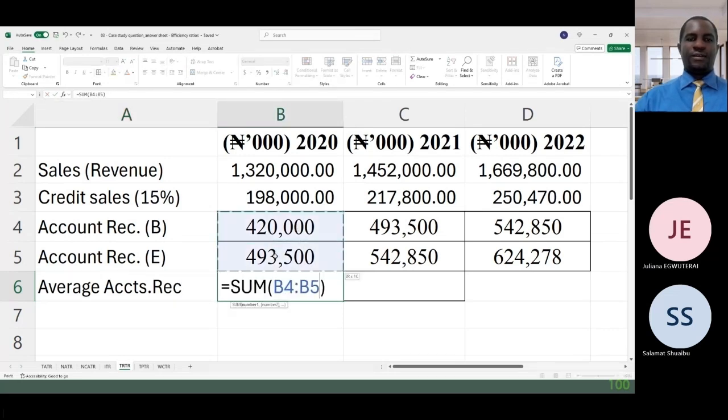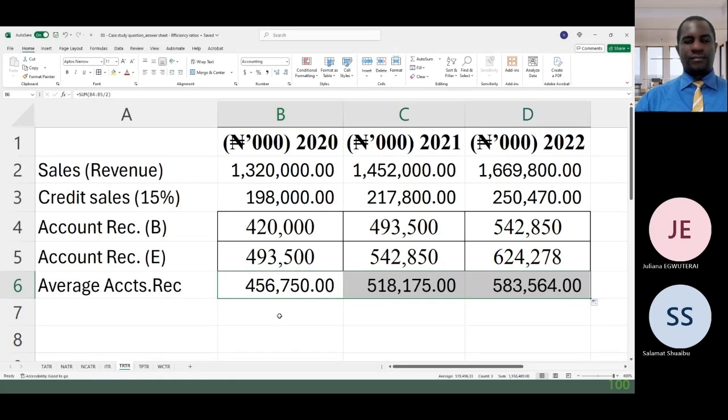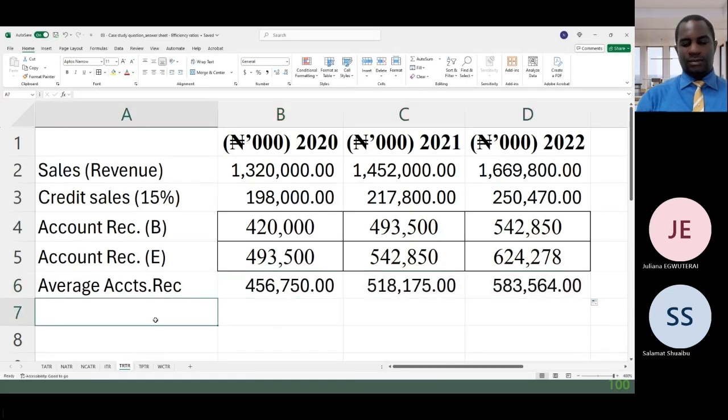I have both of them divided by 2. Just drag them to my total.